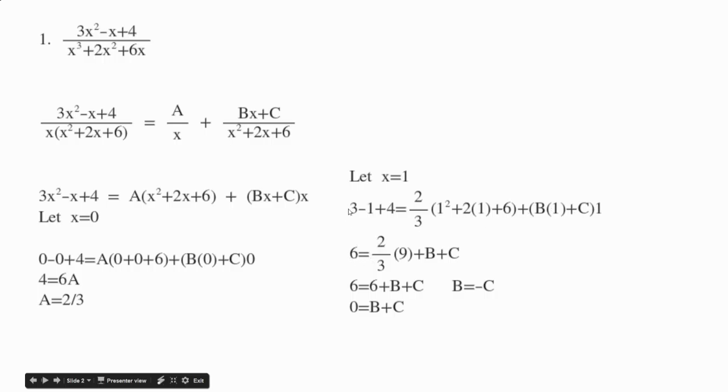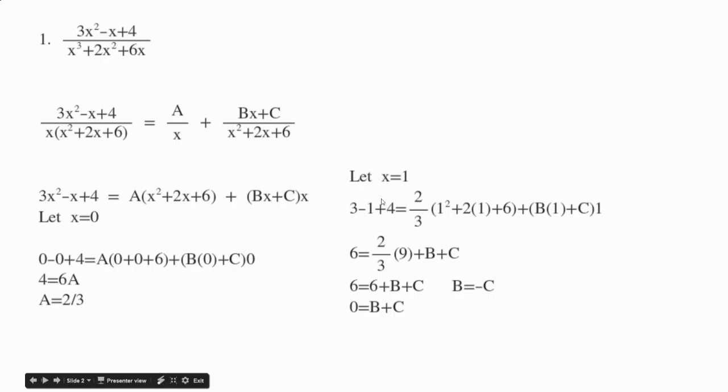That equals 6. 3 minus 1 plus 4 is 6, equals 2/3 times 9. 1 squared plus 2 plus 6 is 9, plus B plus C. 2/3 times 9 is 6, so 6 equals 6 plus B plus C. Subtract 6 from both sides, and you get 0 equals B plus C. Now subtract C from both sides, and you know that B equals negative C.